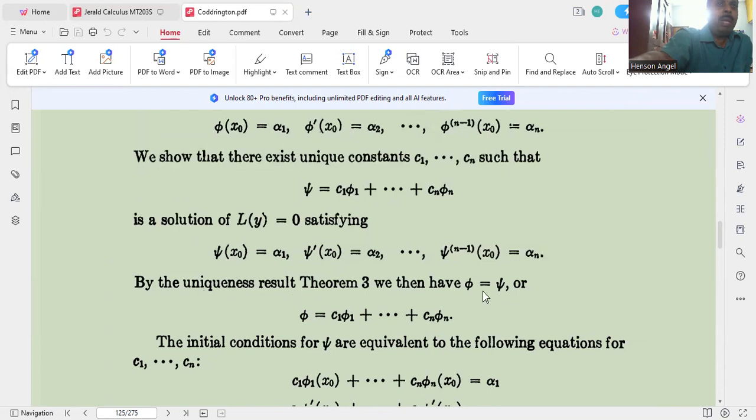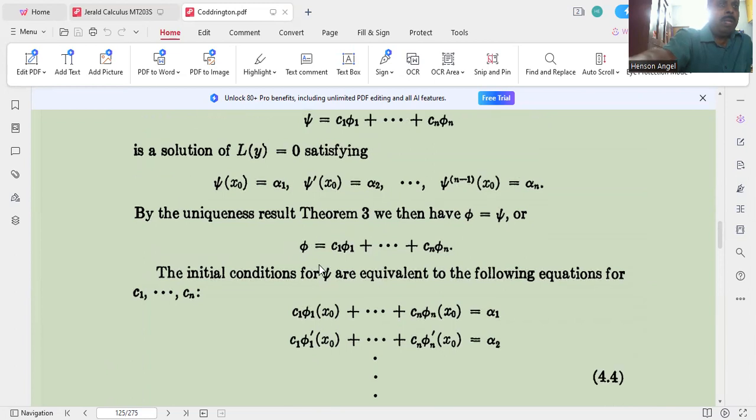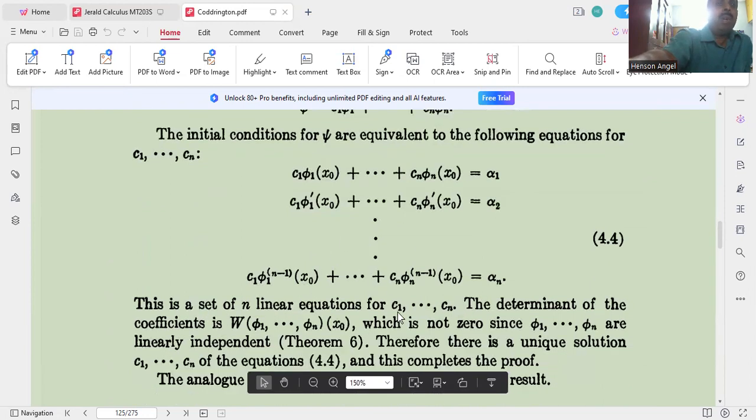By the uniqueness theorem, we have phi equal to psi, or phi equal to C1 phi 1 plus C2 phi 2 plus etc., Cn phi n. So the initial conditions for psi are equivalent to the following equations for C1, C2, C3, ..., Cn. So this is a set of n linear equations for C1, C2, C3, ..., Cn.